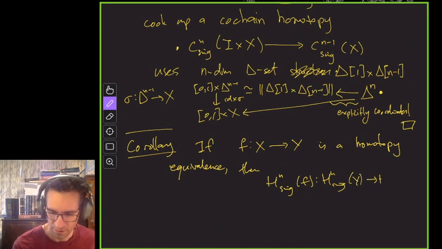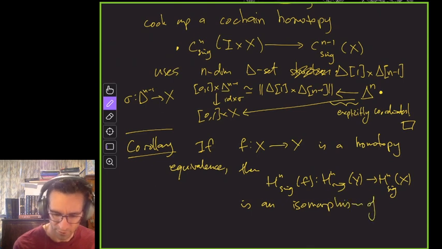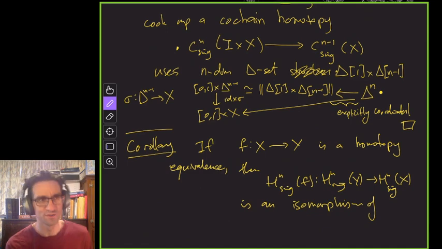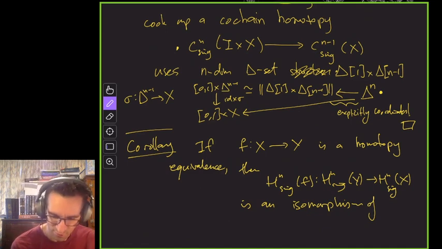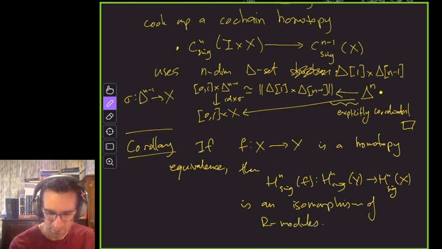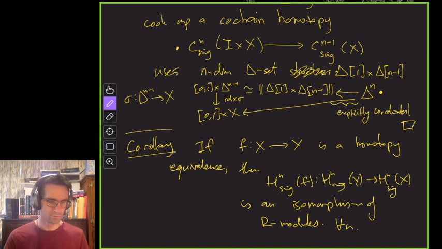y to x. Well, in fact, we can say better. It's like an isomorphism of graded modules, but this is an isomorphism of R modules. Same thing for all n. So this is using the theorem and functoriality.